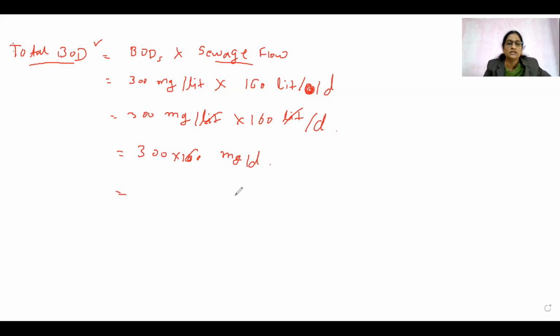So write down the answer, and now you can convert it into kg per day, because usually we calculate the BOD in kg per day. So 300 into 160 milligram per day, whatever the answer is, let me know. I think it is 48,000. Is it milligram per day? Yes, ma'am.